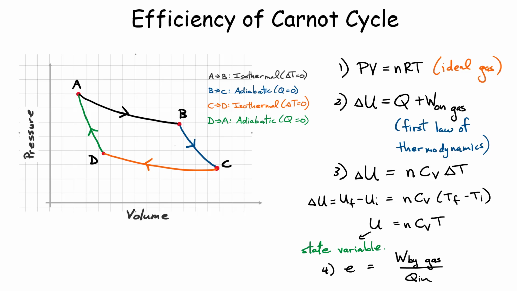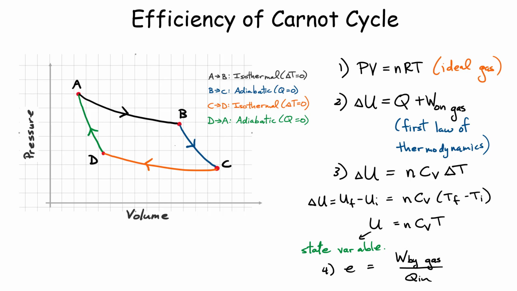The third equation I'm going to use is the change in internal energy. There's something about this U value. U is also a state variable. It's actually a variable that really only depends on the temperature of the gas. So if I'm looking at the change of internal energy, like in the first law of thermodynamics, I can write it only in terms of the change in temperature of that gas.